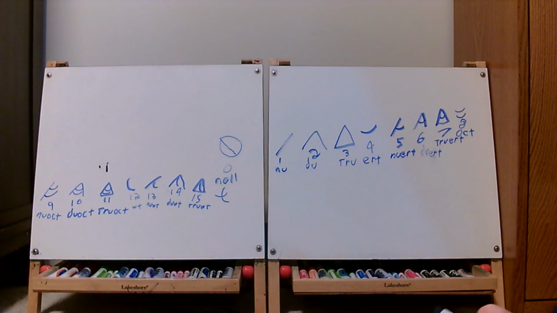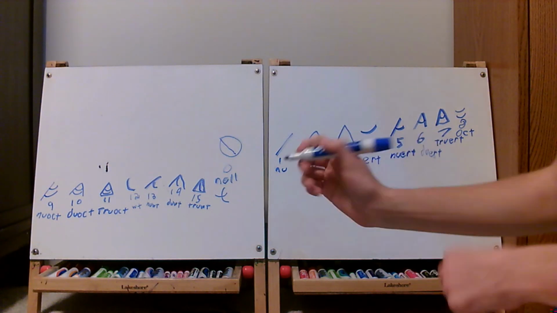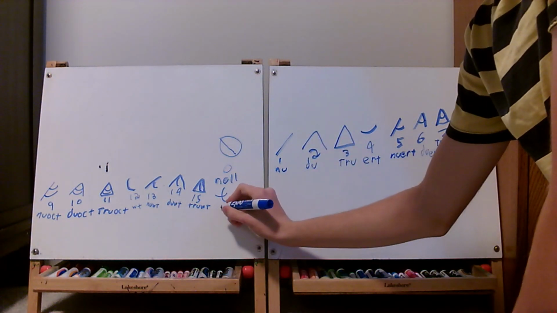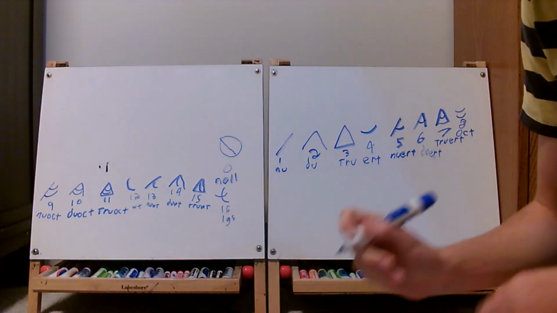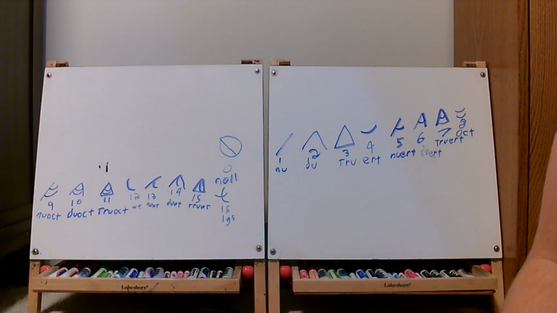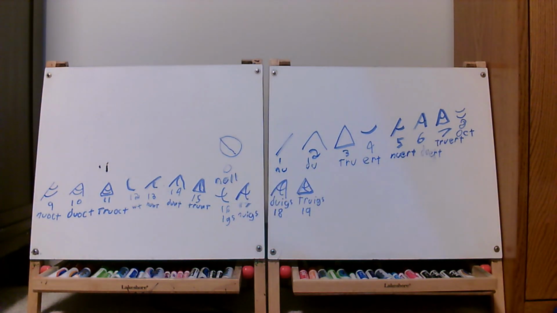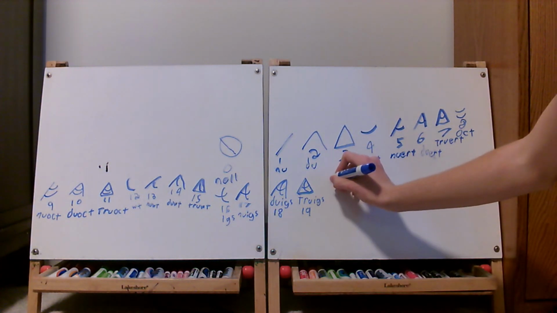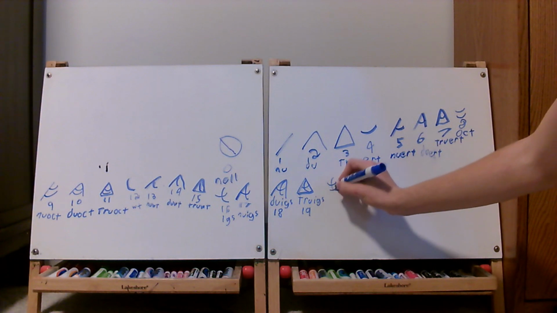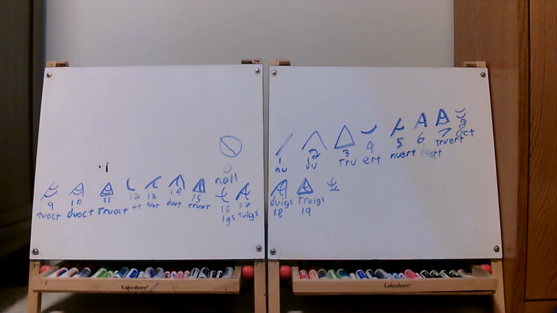And this one is called Iggs. Yep, there you go, Iggs. So, yeah. So the next one is pretty simple. Yeah, there you go. 4 plus 4 plus 12.